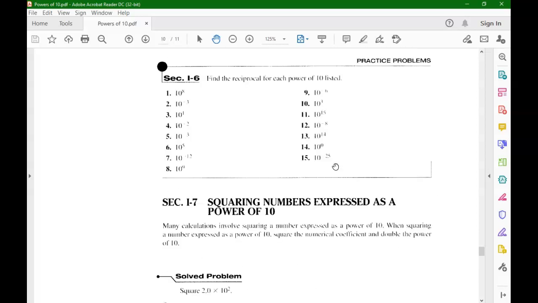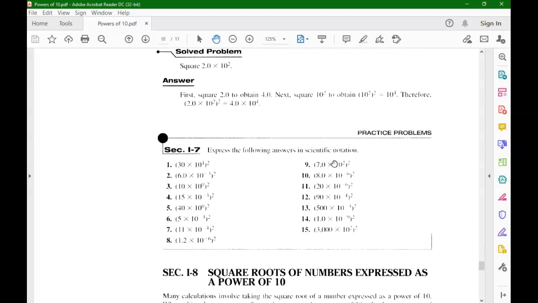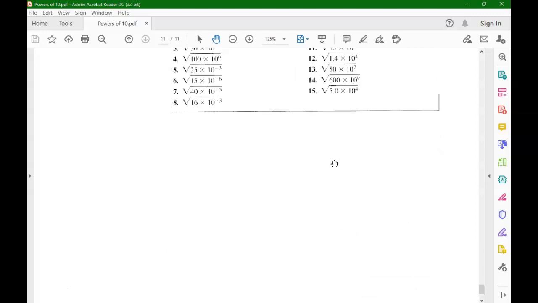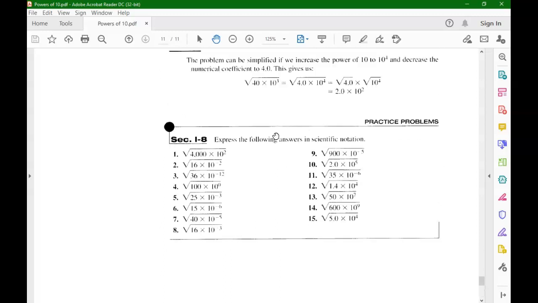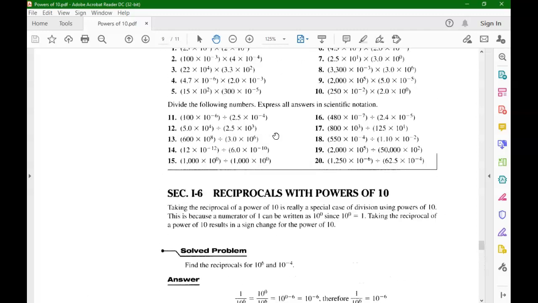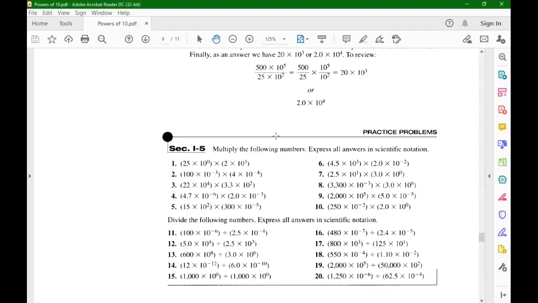I'm not so much worried about reciprocals and square roots. So I would definitely focus on doing the multiply and divide and then conversions. Those are the best ones I can point to and say, hey, use those, because that's the stuff we're going to be doing.